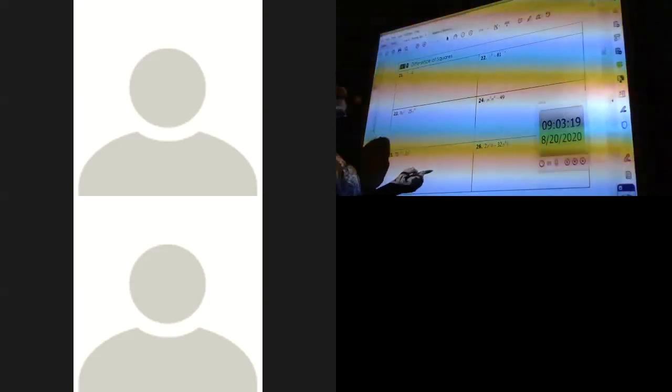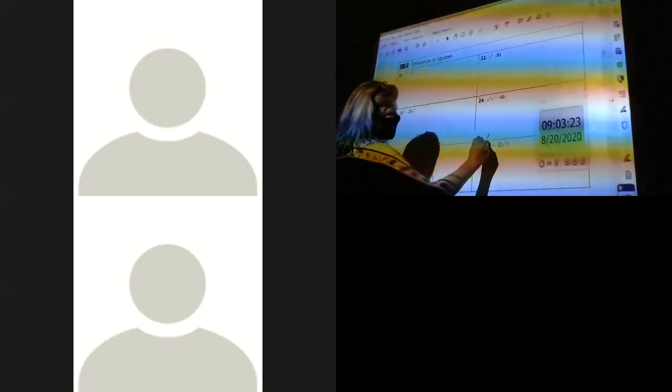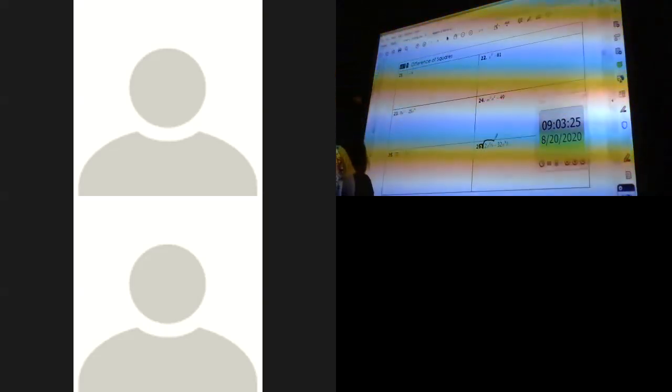For this last one, we have 6 square root over 2, R to the third, and 32. So looking at this, take the square root of it. What's the only perfect square that can come out?